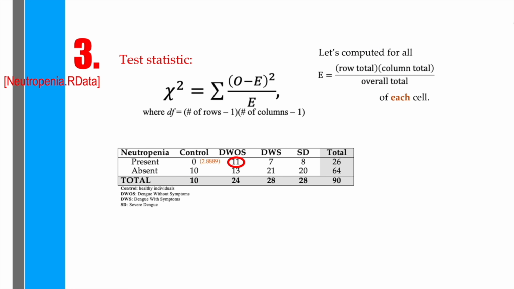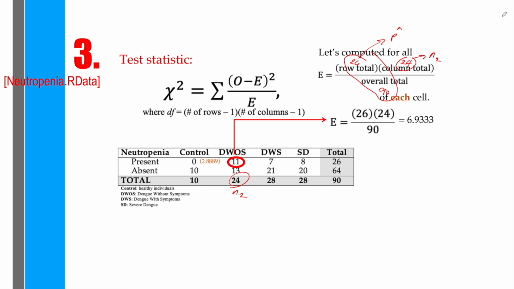And similarly, for the observed count, which is 11, its row total is 26, its column total is 24, and the overall total is 90. And similarly, 24 here is our n sub 2, and 26 over 90 was our p hat. And getting the value of that expected count, we're going to have 6.9333.